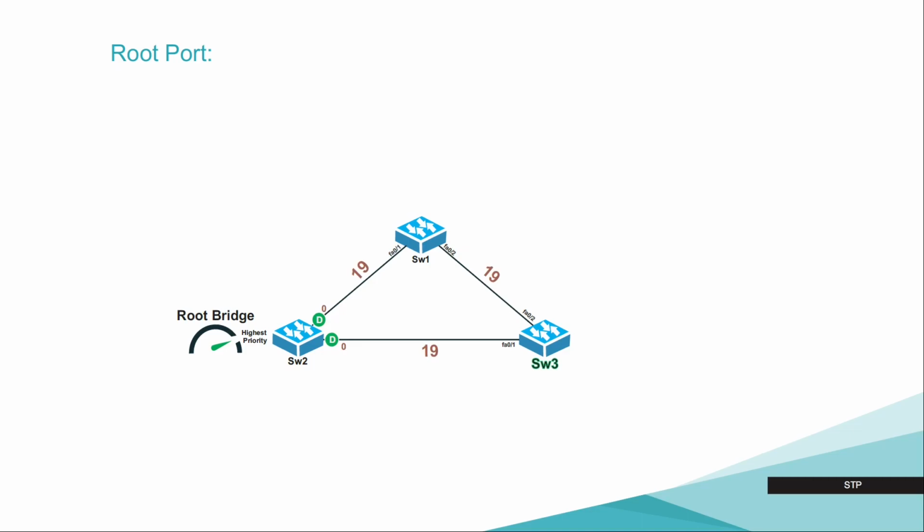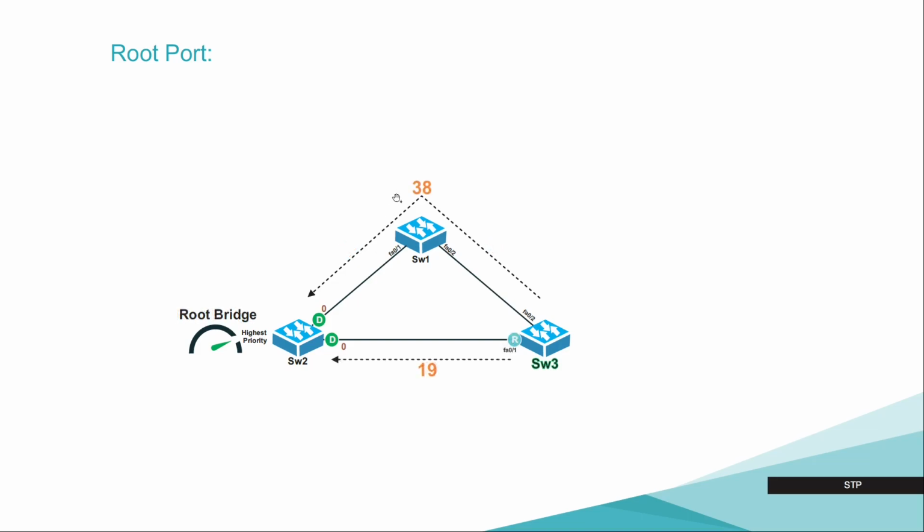So let's assign the root cost to all the links in order to find the root port. All the interfaces that we have are Fast Ethernet interfaces, so the cost will be 19. Switch 3 has a path with a cost of 19 and another path with a cost of 19 plus 19 to reach the root bridge.